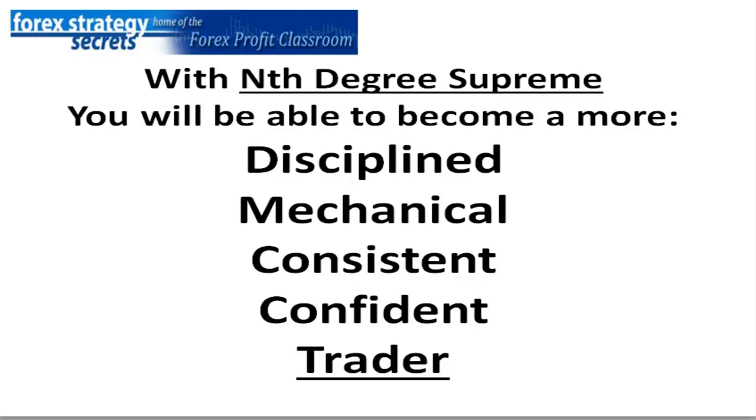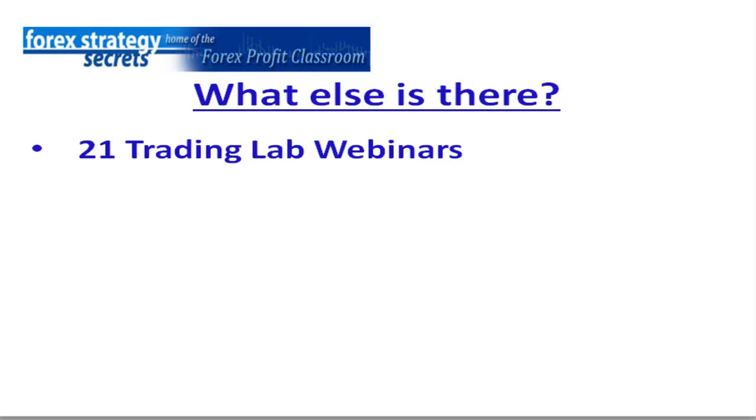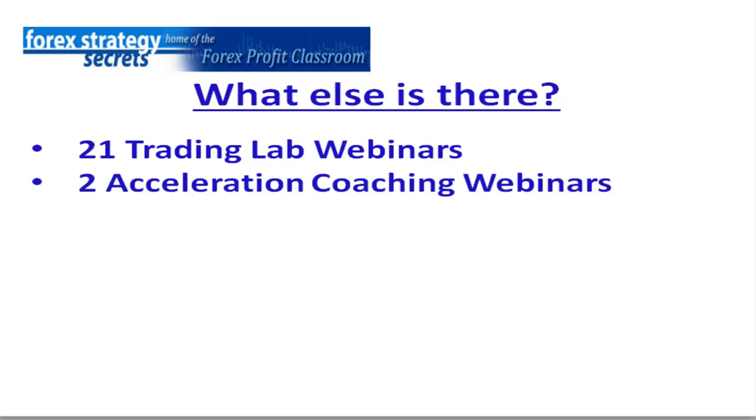Okay, so now what else do we have? We have several things. We have Trading Lab webinars. That's where people ask questions. 21 questions people asked, so we had a full webinar on each one of those questions. So there are answers to a lot of the questions you might have, in addition to the course material. Accelerating coaching webinars. We wanted people to get up to speed quickly, so we have 2 webinars showing you how to do that. You don't need to take forever to get up to speed.